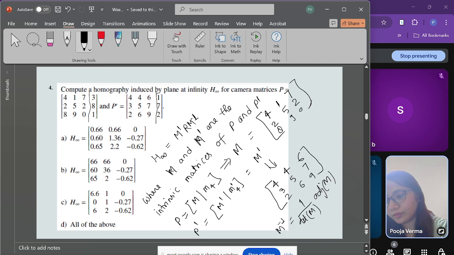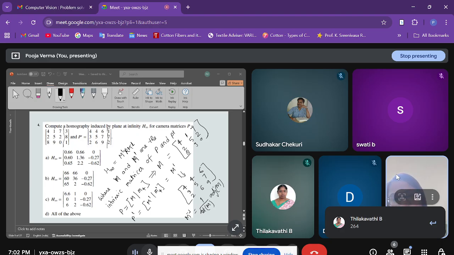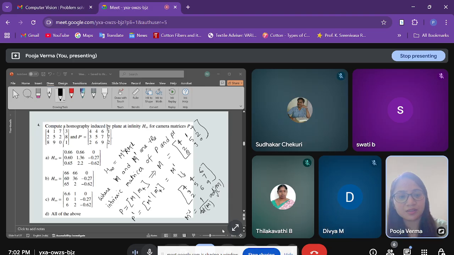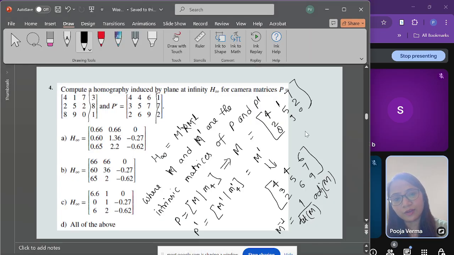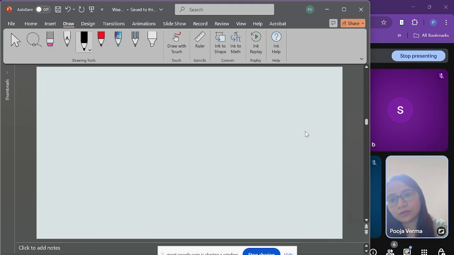Okay, let's see what value I will get. The M matrix is given as 4 1 7, 2 5 2, 8 9 0. This one is our M matrix.